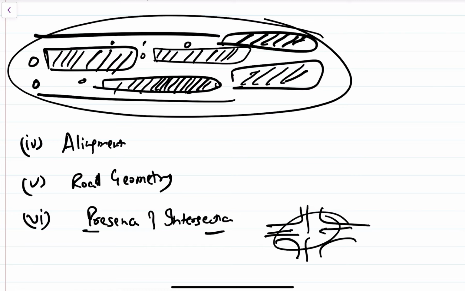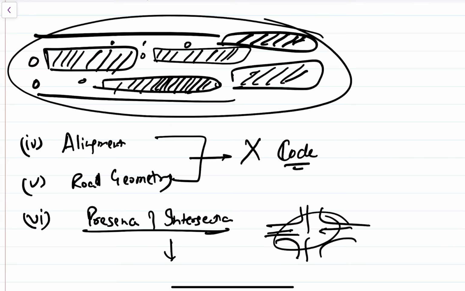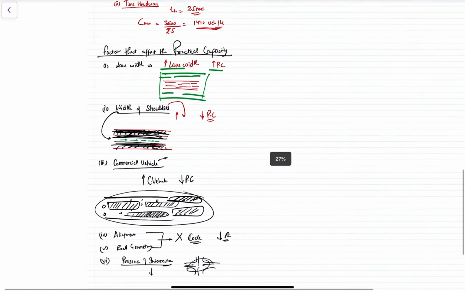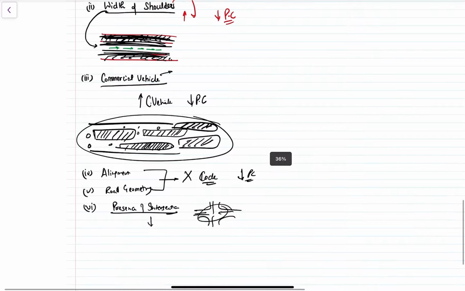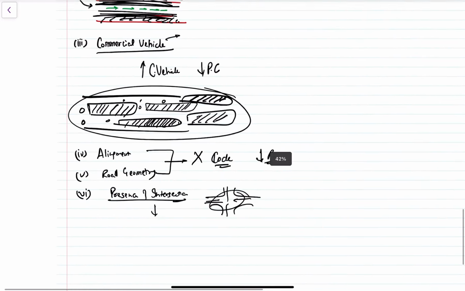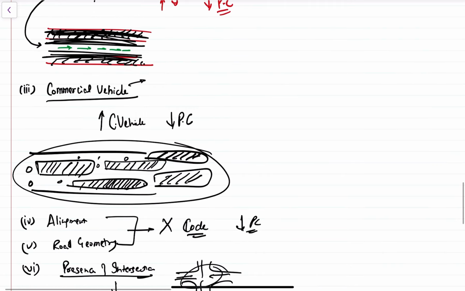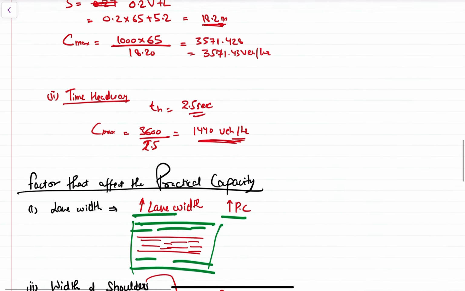If there are too many intersections, then the practical capacity will decrease. If the alignment and road geometry are not as per the relevant code, then the practical capacity will decrease. Okay, so these are a few of the parameters: the lane width, the width of shoulders, the number of commercial vehicles, alignment, road geometry, and presence of intersections. Right. So these are the parameters that affect the practical capacity.